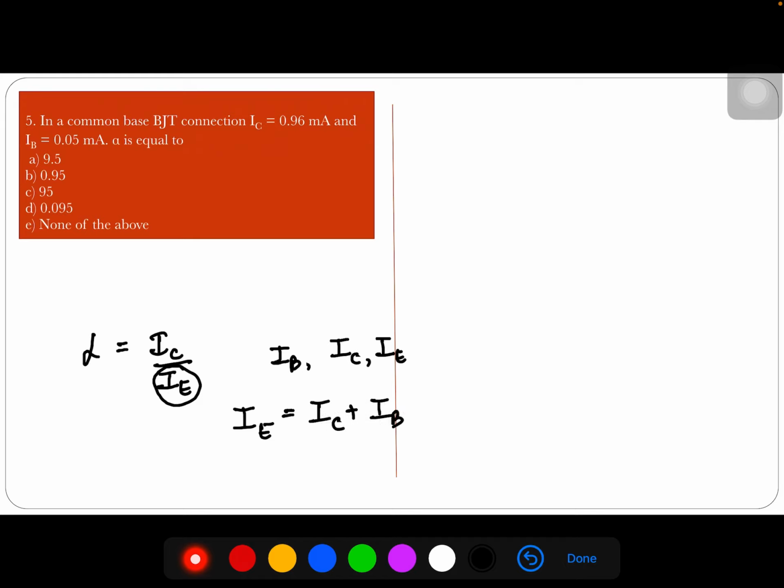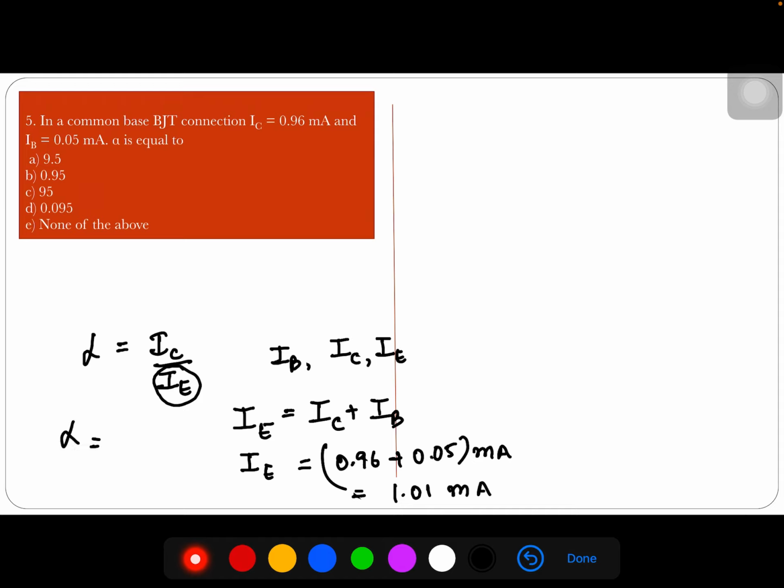So if IB has been given to you and according to the formula of alpha you need IE, then you can easily calculate it through this equation, which will come out to be 0.96 plus 0.05 milliampere, and the answer will be 1.01 milliampere.